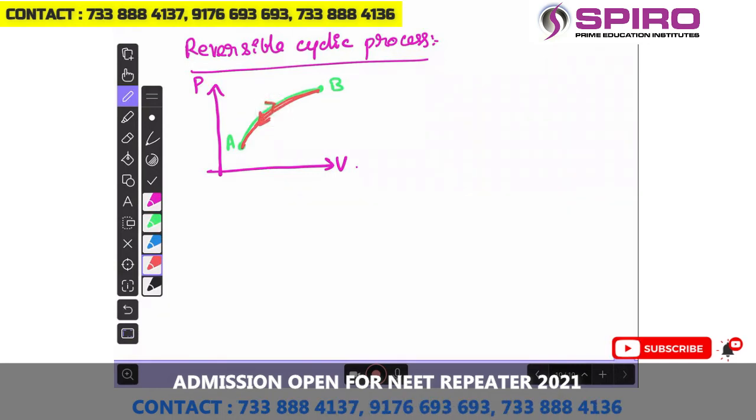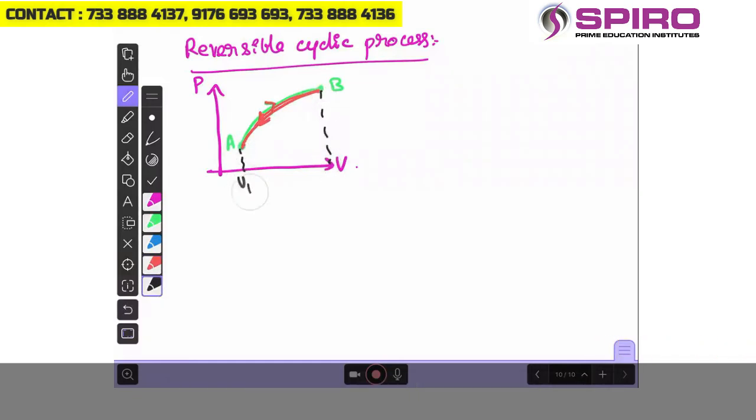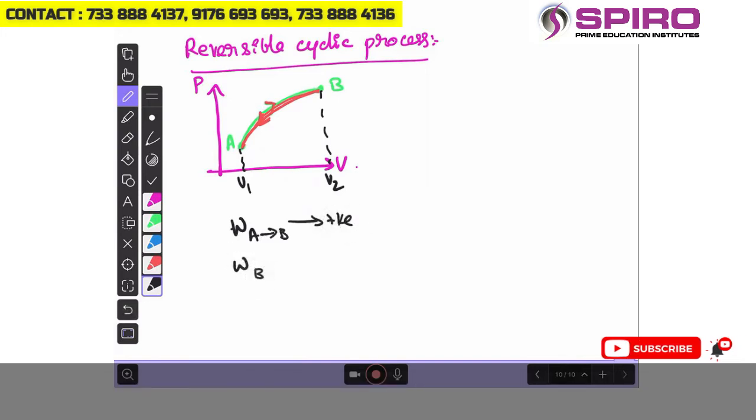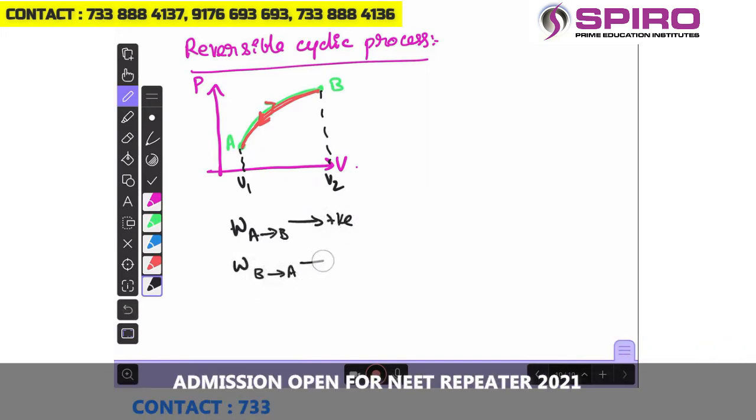In the case of a reversible cyclic process, between two volumes V1 and V2, the positive work and negative work will be exactly the same. So the work from A to B will be positive, and the work done from B to A will be negative.